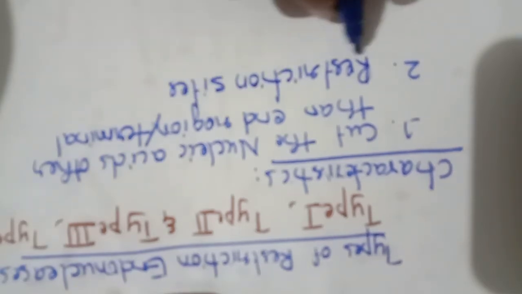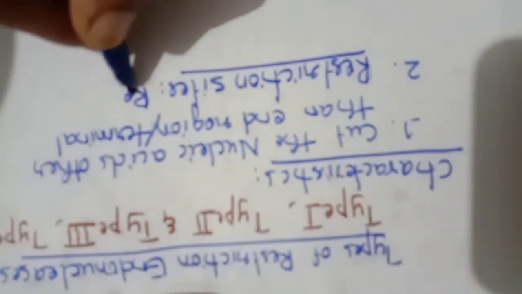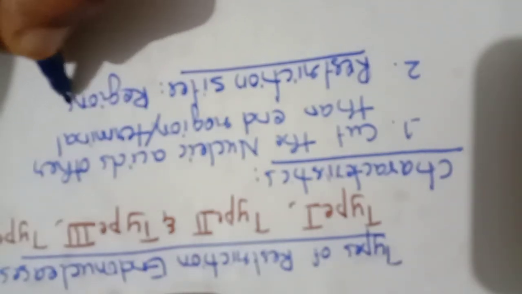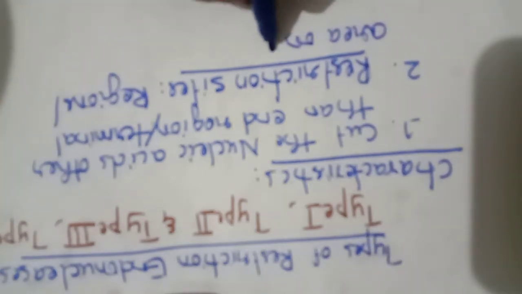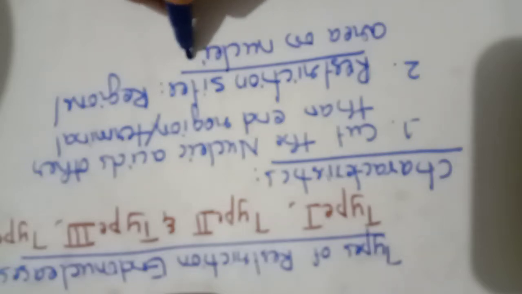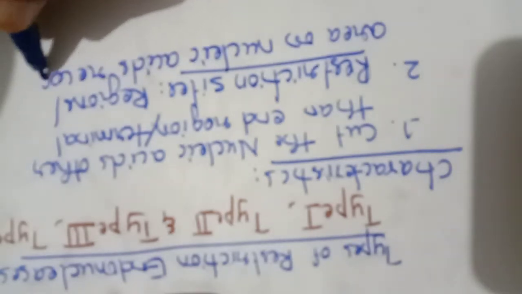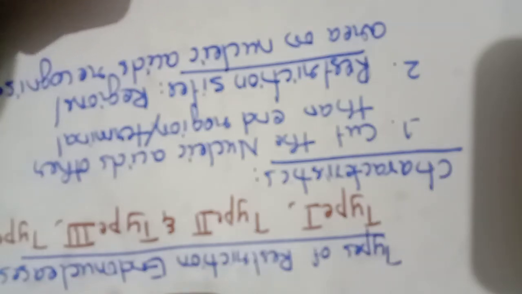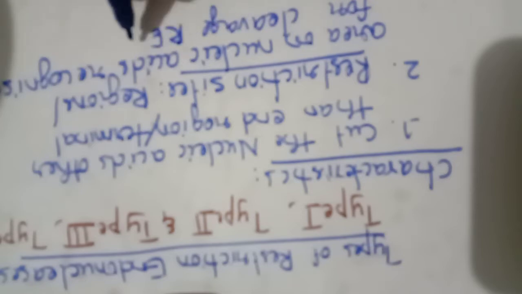So what are these restriction sites now? Restriction sites are nothing but the regions or areas on nucleic acids that are recognized for cleavage by restriction endonucleases.